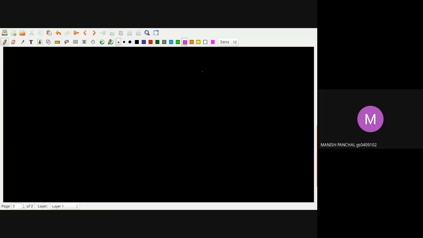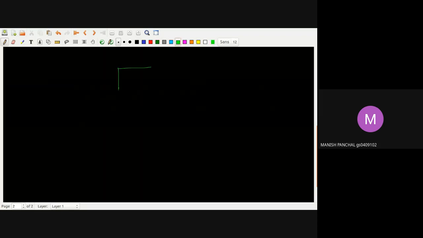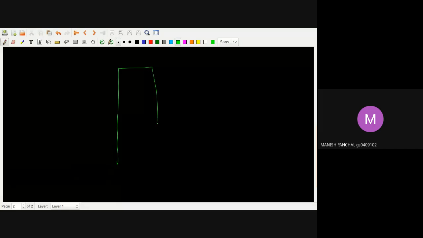If I'm talking about 8051, this 8051 has four different ports. This is my 8051, and it contains four different ports. One port is called port 0, I'm writing it as P0.